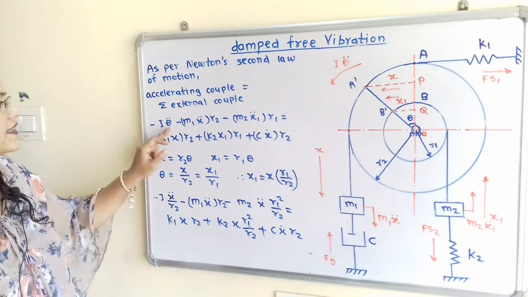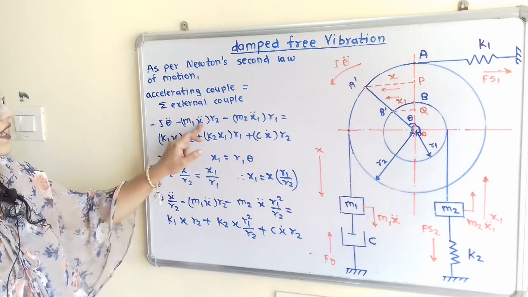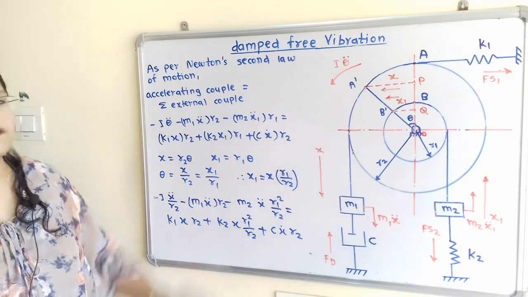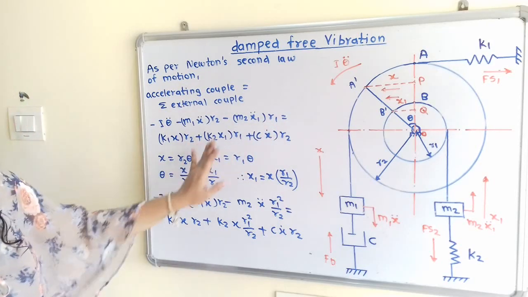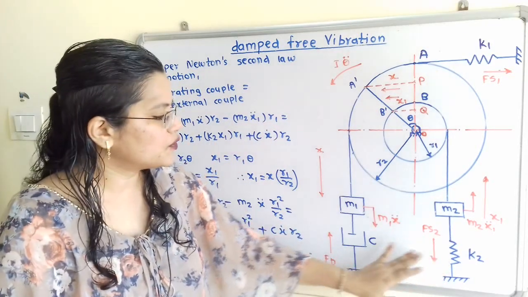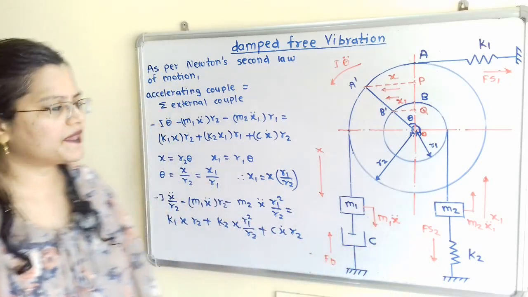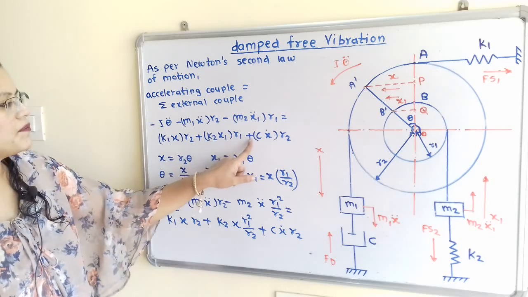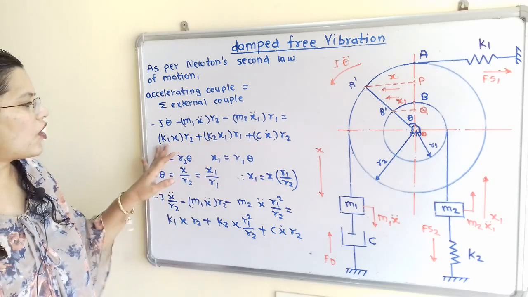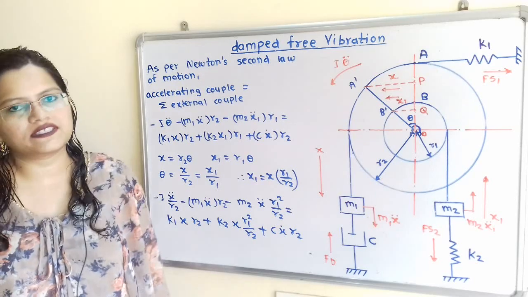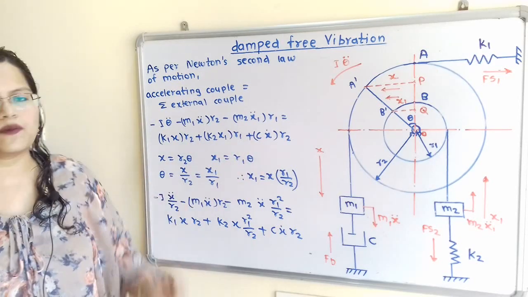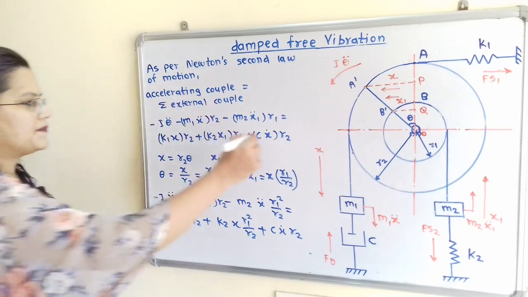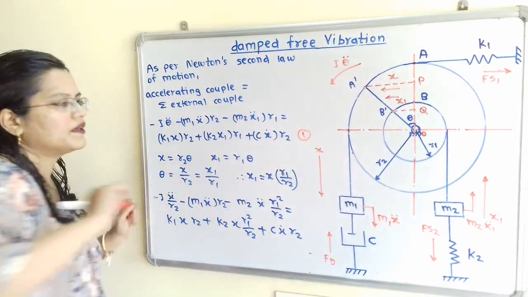So minus I theta double dot minus m1 x double dot r2 minus m2 x1 double dot r1 is equal to, now on the right hand side we write the couple due to the damper and spring forces: K1 x r2 plus K2 x1 r1 plus C x dot r2. Now all these couples have clockwise direction, so we give positive signs. This equation is important, so I will give it equation number 1.